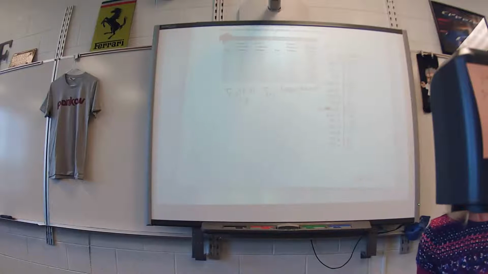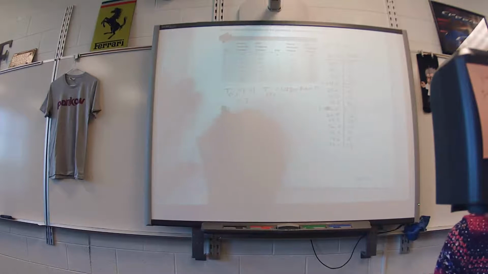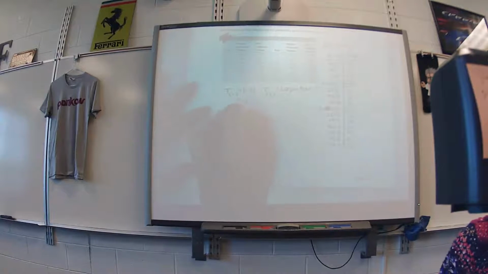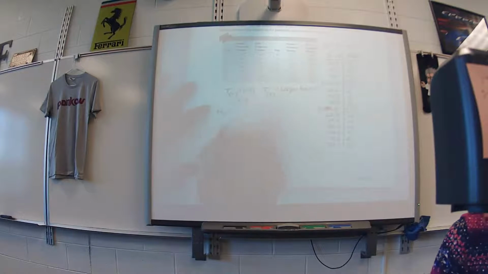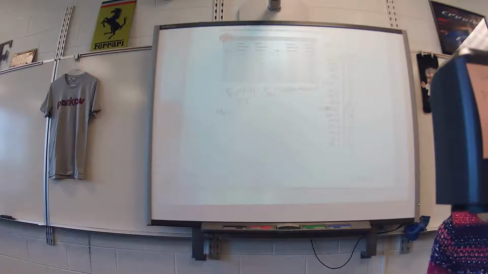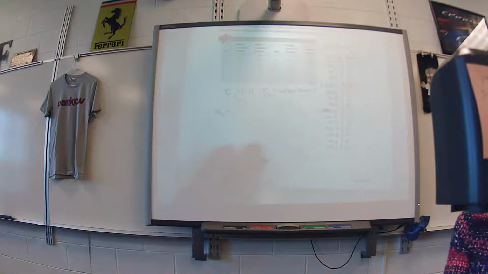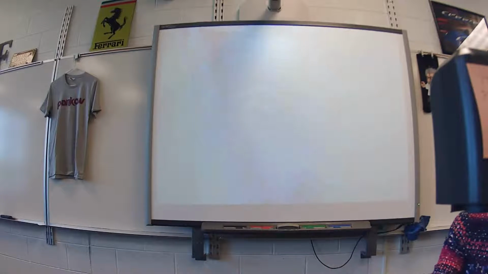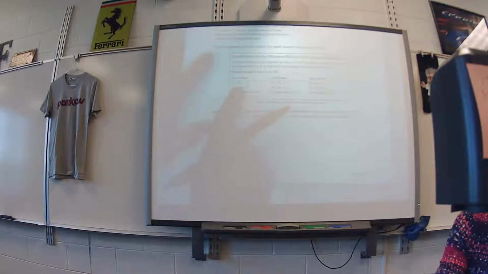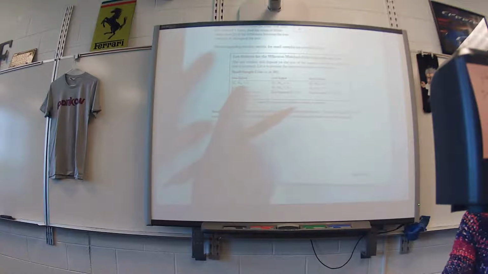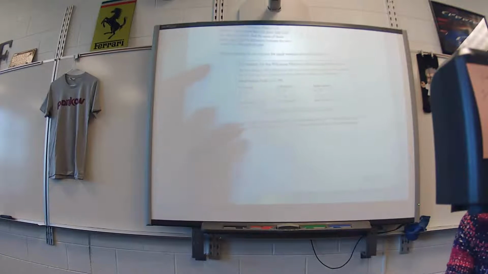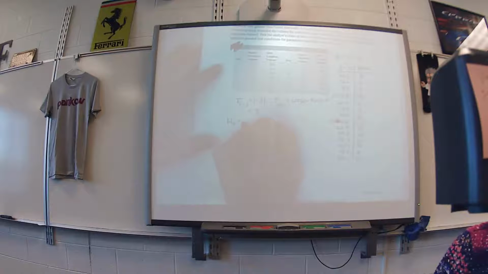All right, so I kind of skipped the hypotheses. You probably ought to go back and fill that in. Your null hypothesis, again, is generally that there's no difference between the two. But because we set it up as a difference, we are going to set it up as the median of the difference is 0.